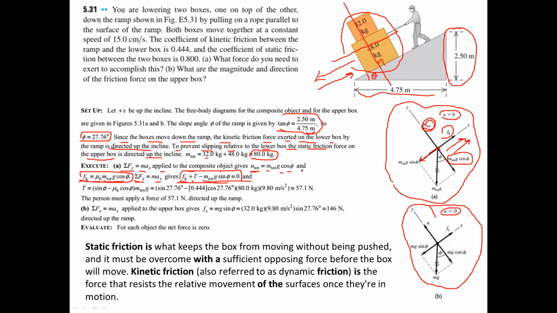Nice, nice. And then what is T here? You will rearrange this equation for T. T in this case will be equal to sine theta minus mu_k, the kinetic friction coefficient, times cosine theta, times M total g.